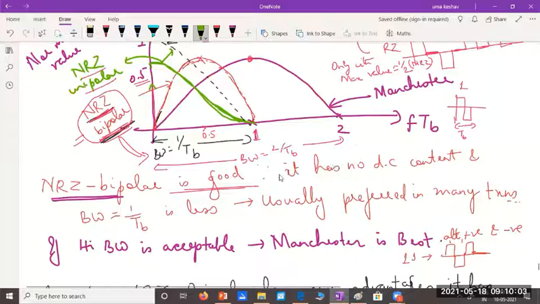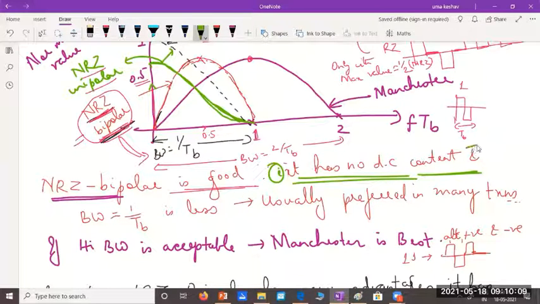The reason for that being, first, it has no DC content, so no need of DC couplers. And second, its bandwidth is just 1 by TB, which is half of that of Manchester.